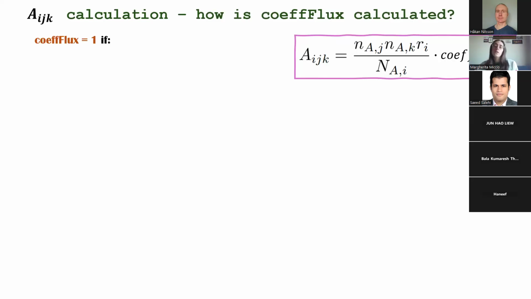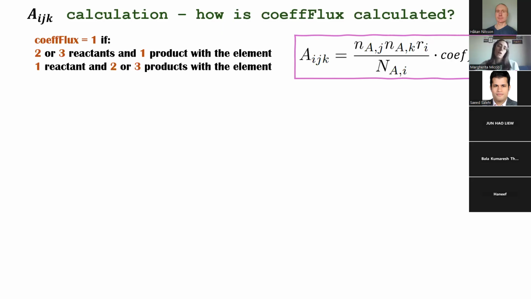First of all, we say that the coefficient flux has to be set equal to 1 if there are 2 or 3 reactants and 1 product with the element we want to track. So if we have this situation, we will put this coefficient equal to 1 because we don't need to correct anything. We already know that all the atoms from the reactant will go to the only product that has that element. So we don't need any correction. The formula is correct already.